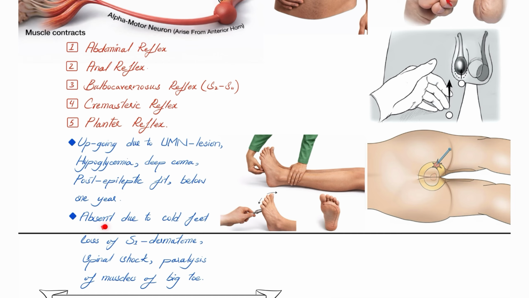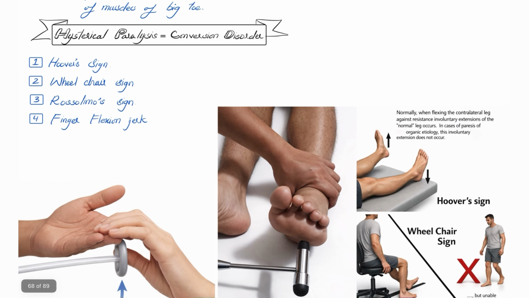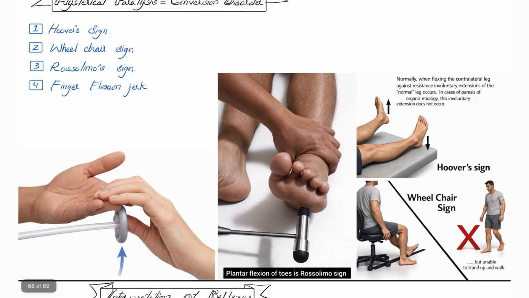If the plantar reflex is absent, then it can be because of cold feet, loss of S1 dermatome, spinal shock, or paralysis of the muscles of the big toe, or hysterical paralysis, which may be psychological, like a patient having conversion disorder. You need to use the following maneuvers to differentiate between psychogenic weakness and true organic paralysis.